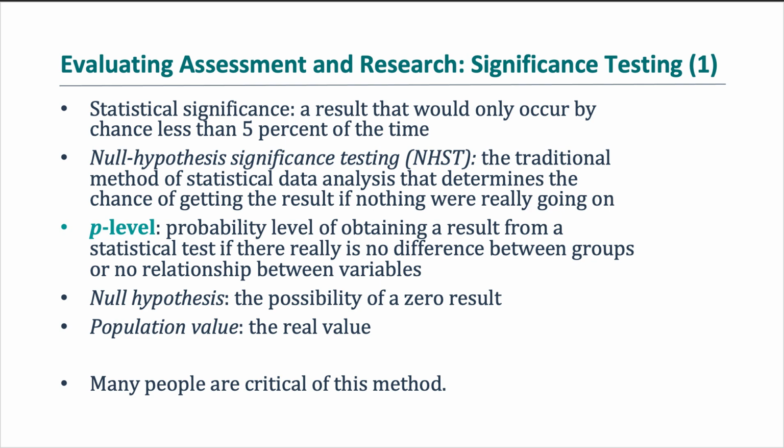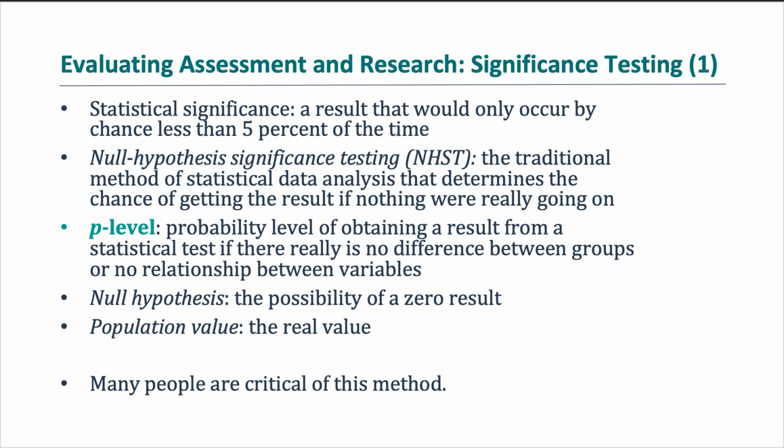So how do we go about testing to make sure this is a really strong test to give out, and that we're not just finding different things by chance? A lot of times they use what we call null hypothesis significance testing, or NHST.